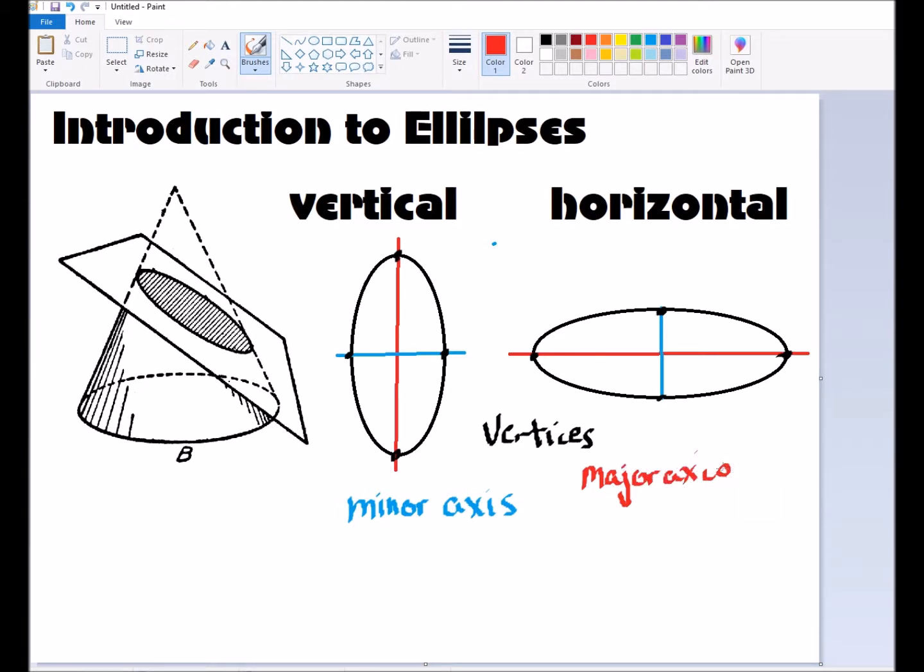Basically, the longer side is called the major axis and the shorter side is called the minor axis. They always go through the fattest part or the tallest part of your ellipse. If we take half of the axis, it's called a semi-axis.